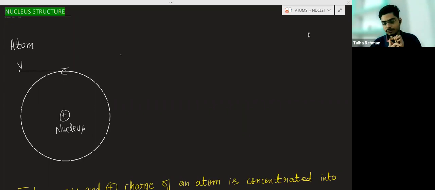About the size of the nucleus, okay, about the density of the nucleus, okay, stability of the nucleus. So different elements have different nuclei. We will see in this chapter how the stability of the nucleus changes with respect to the element.